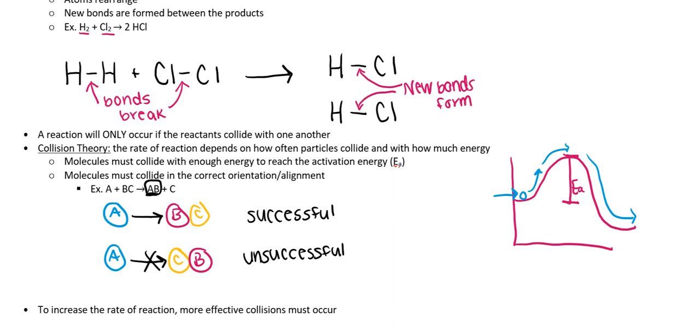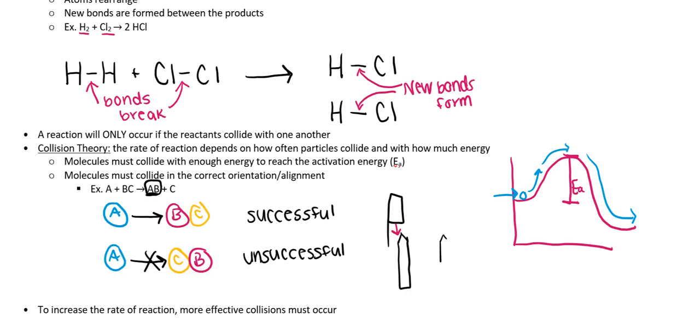A good analogy for this orientation factor is to think about trying to put a cap on your pen. I'm a very good artist, as you can tell. So it needs to be properly aligned in order for your pen cap to go onto your pen.